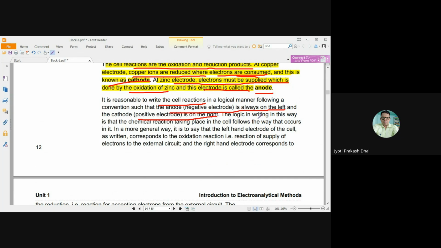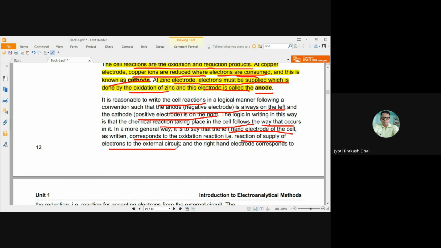The logic in writing in this way is that the chemical reaction taking place in the cell follows the way that it occurs, and in the more general way it is to say that the left hand side electrode of the cell, as written, corresponds to the oxidation reaction, that means the left hand side of the cell corresponds to the oxidation reaction where Zn0 is converted into Zn2+, that is the reaction with supply of electrons from the external source.